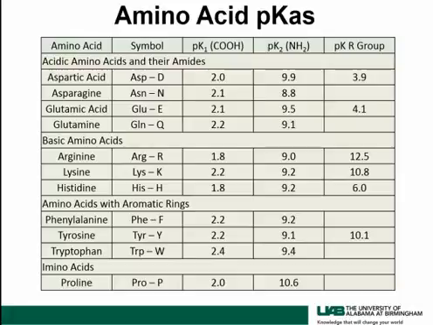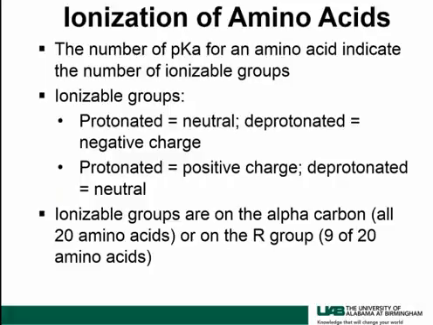Well, this is unusual because it's not an acid. It's actually an amino group. So that's very important when we begin to look at amino acid ionization. Now, anytime that you need to work with ionization of amino acids, I will give you a table such as this to use. So you don't need to memorize this.